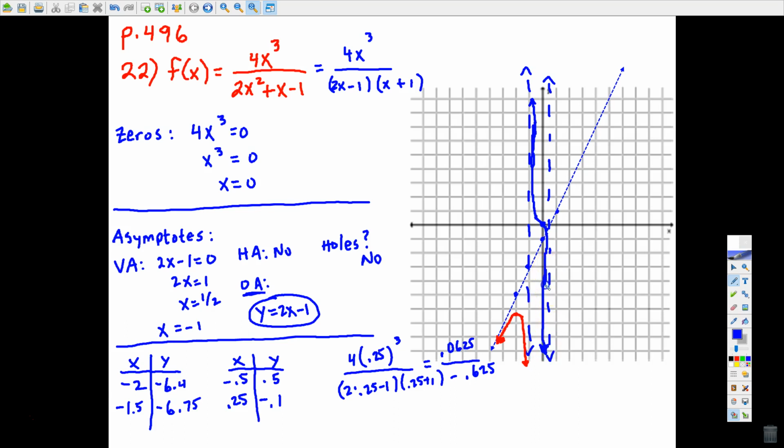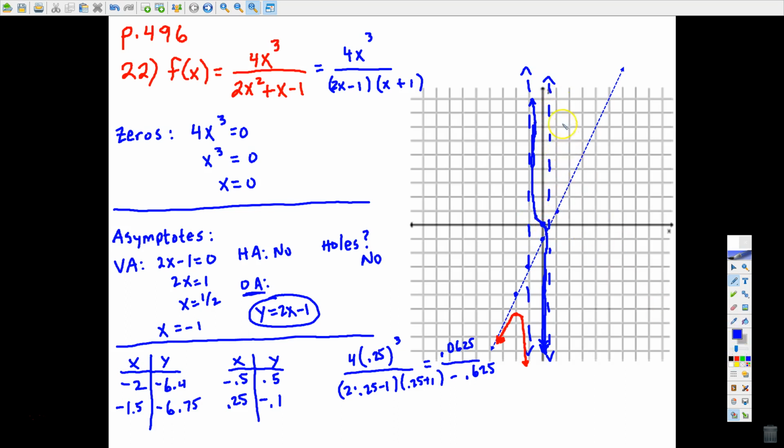Okay, so kind of a unique situation here, passing over an oblique asymptote. 90% of the time, maybe even 95% of the time, you will not have this happen, but on some rare occasions, it does.